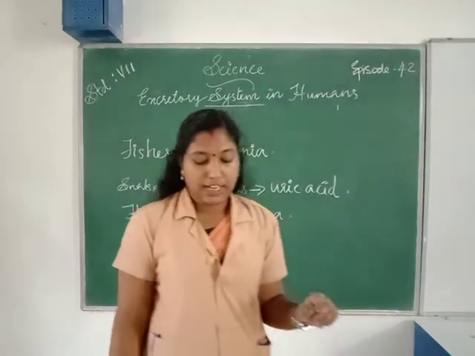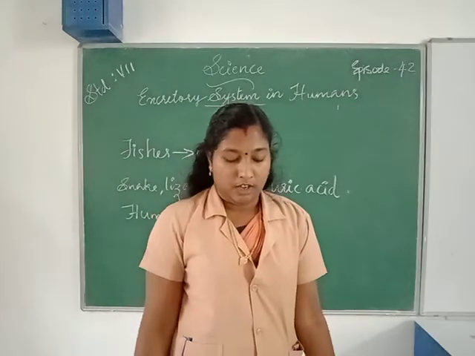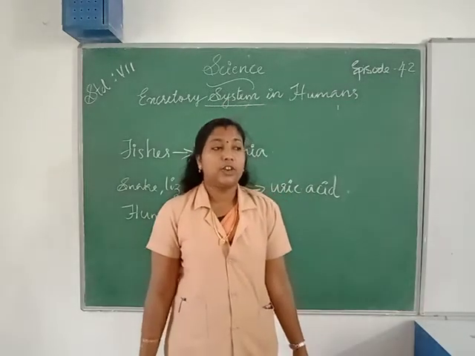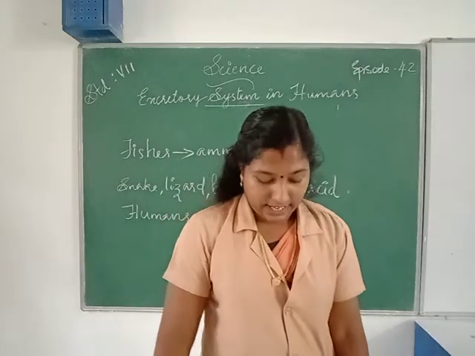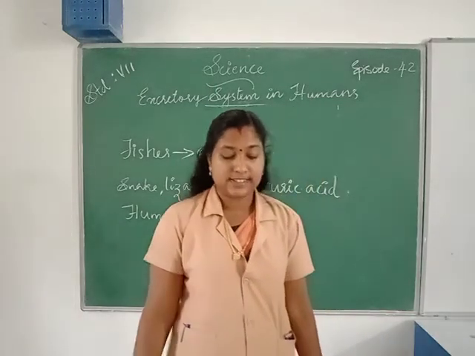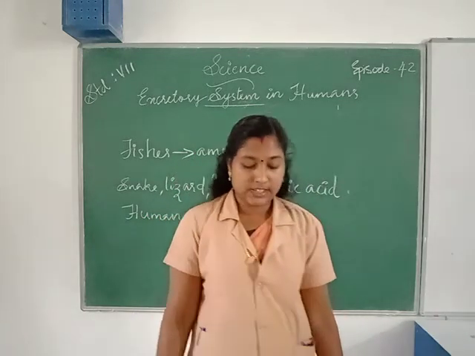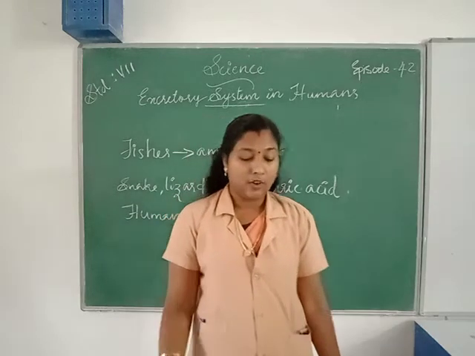Next one, sometimes a person's kidneys may stop working due to infection or injury. During that time, as a result of kidney failure, waste products start accumulating in the blood. Such persons cannot survive.